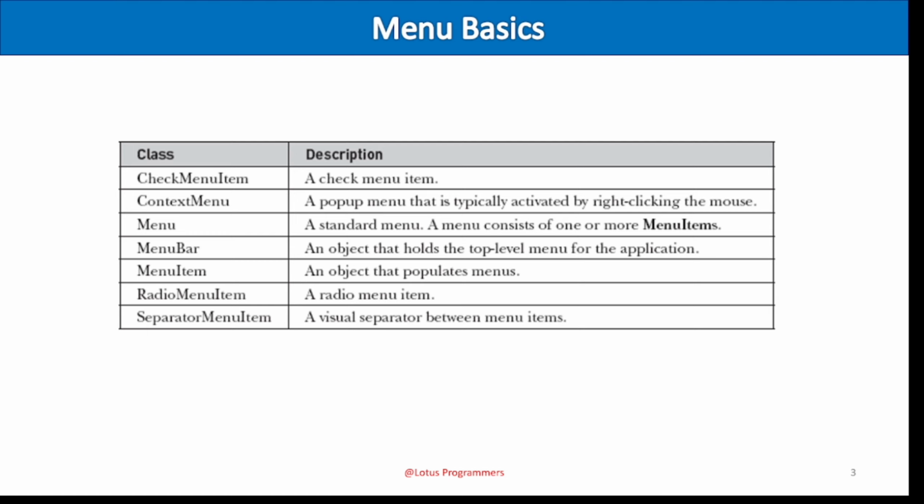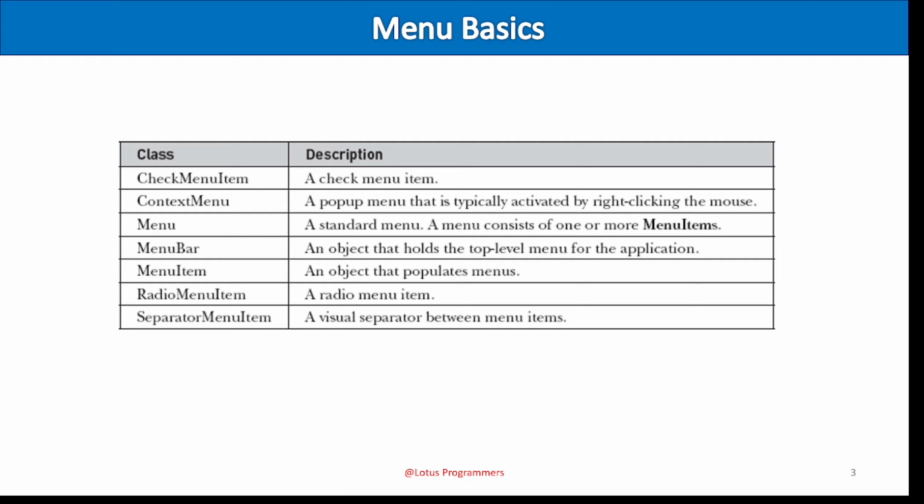In order to add a pop-up menu for the respective control, we have to create menu items for the context menu, and that context menu object is added to the respective control from which the pop-up menu is to be displayed. In menus and menu items, for separating different menu items, for creating a line, a visual separator, we will create an object of SeparatorMenuItem.